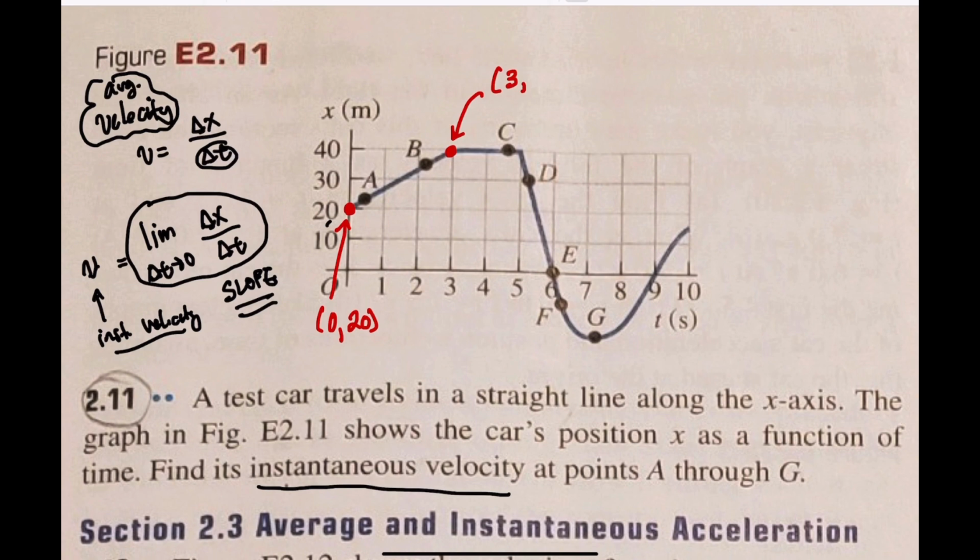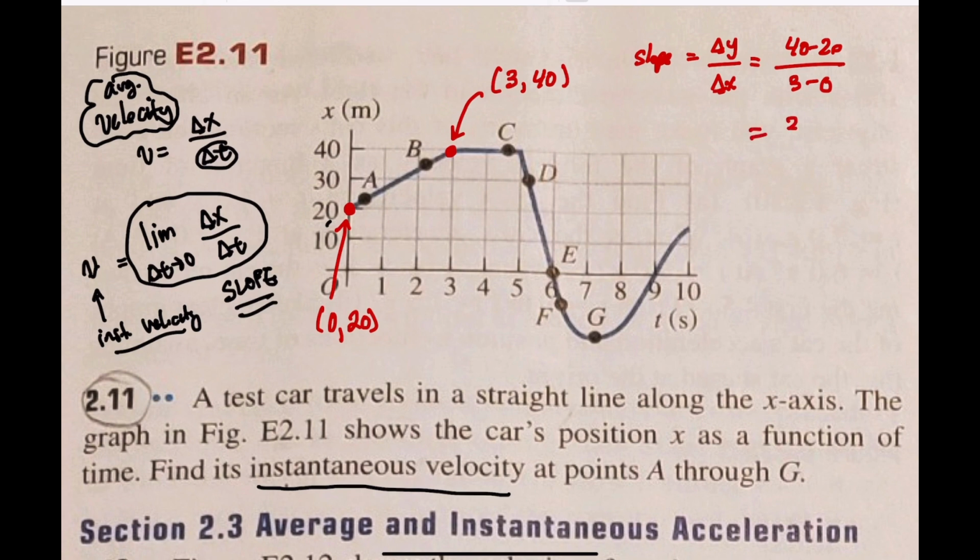And then the position there is 40 meters. And if we wanted to calculate the slope on that line, it would be the change in the y values divided by the change in the x values. The change in the y values, let's call that 40 take away 20. And let's call the change in the x values 3 take away 0.